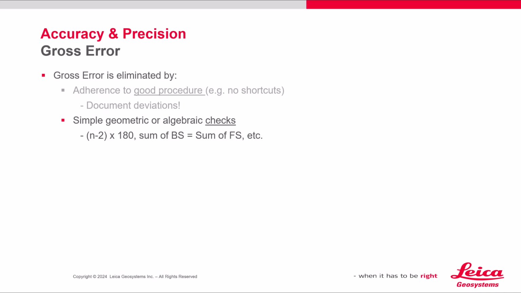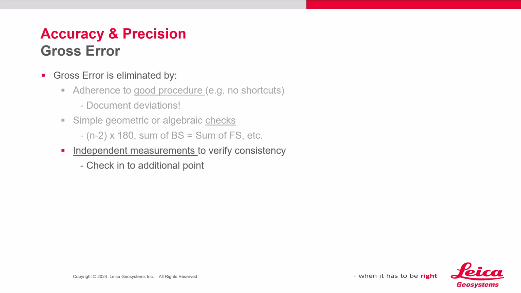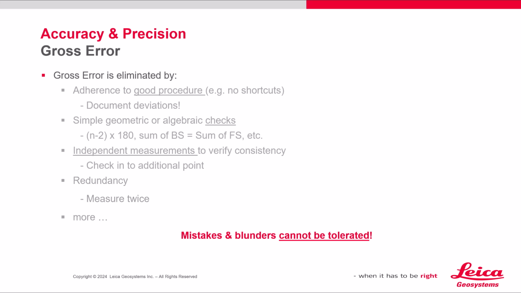You can use simple geometric or algebraic checks like the n minus 2 times 180 degrees for the sum of the interior angles of a polygon, and the sum of the backsides equals sum of the foresides when leveling, and independent measurements to verify consistency. So check into an additional point, and then of course redundancy is our friend, especially when we're talking about least squares. Mistakes and blunders can't be tolerated. They must be isolated and removed if the survey is to be useful.